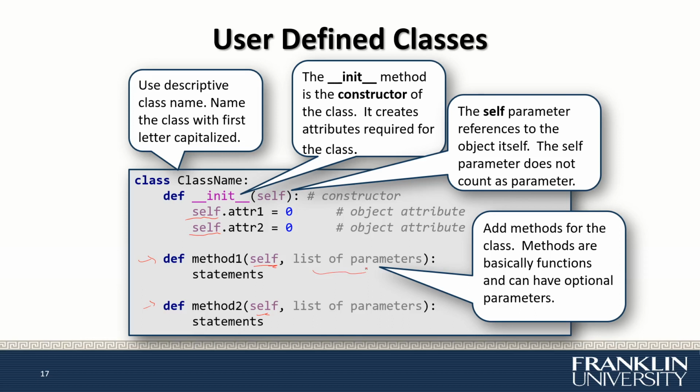You could have zero parameters or one or more parameters. But keep in mind you need to have the self keyword here to make this a method within the class. Otherwise, it would be just a plain function.